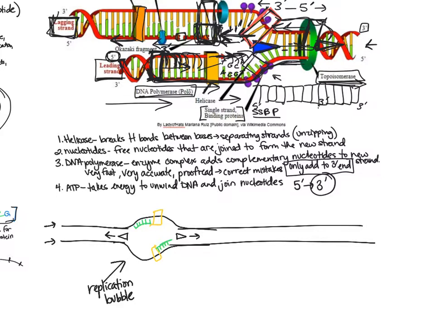As we're going through DNA replication in our cells, going into cellular division, we see that we have many replication bubbles all happening at the same time. We have a replication bubble here, a replication bubble here, and all of these enzymes doing their job on all of these replication bubbles.